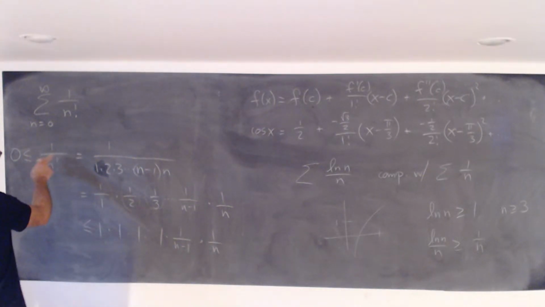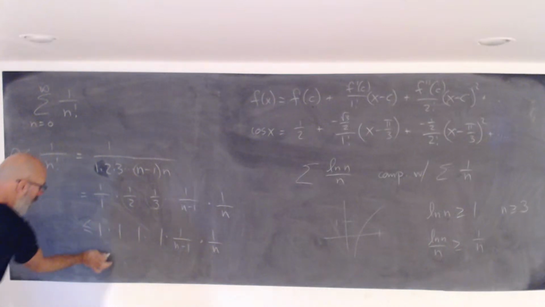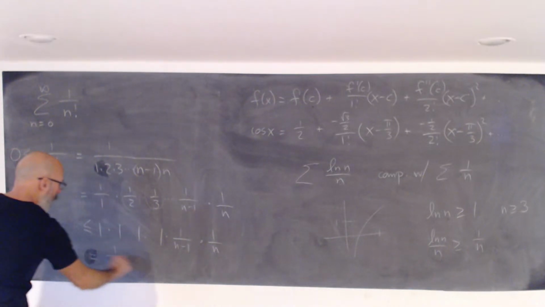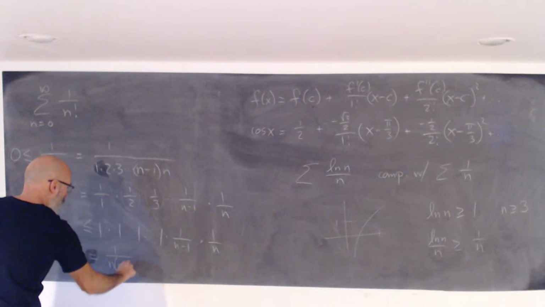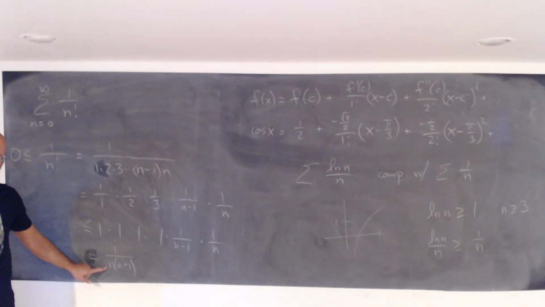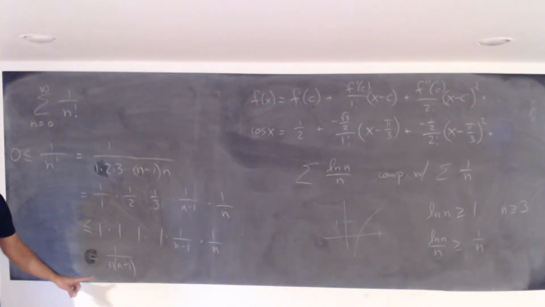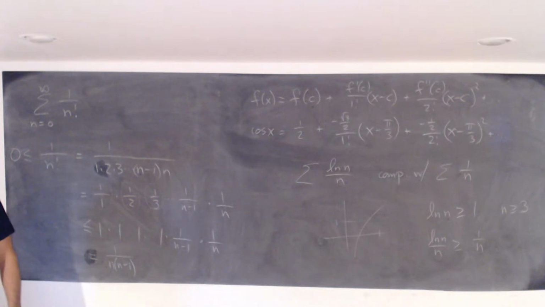So you get that 1 over n factorial is less than or equal to 1 over n times n minus 1. And this series converges. You can do a limit comparison test with 1 over n squared, or it's really a telescoping sum, and you can actually show that it converges to whatever you want.